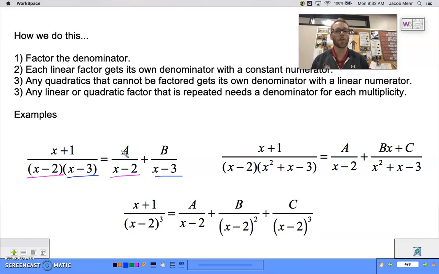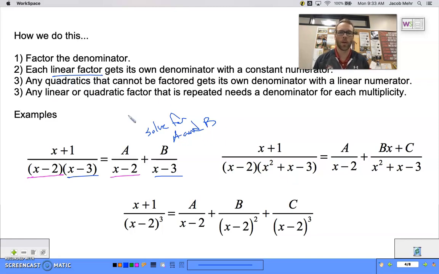And then the numerators are some constant, and we're just going to call them a and b. And we're going to have to solve for a, and b. Okay, and we'll learn how to do that. So that's what happens when we have a linear factor in the denominator.